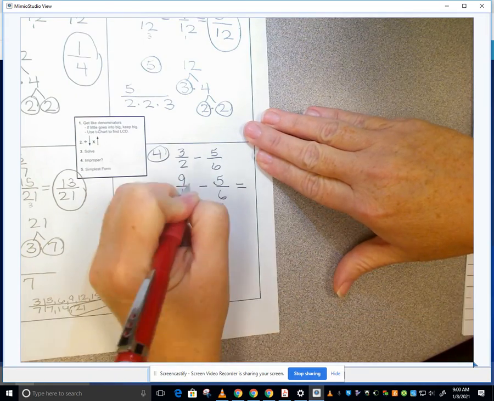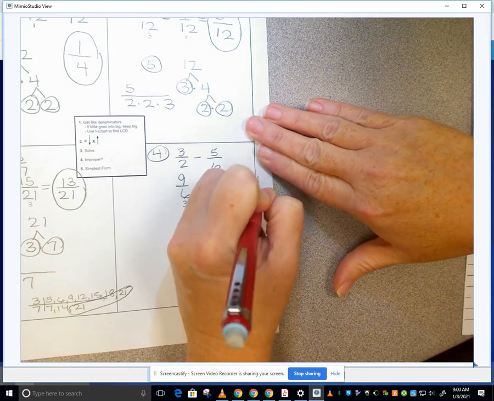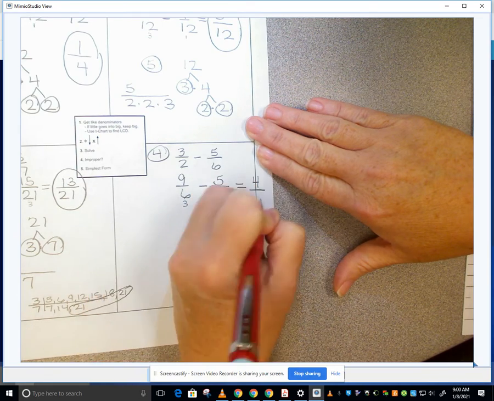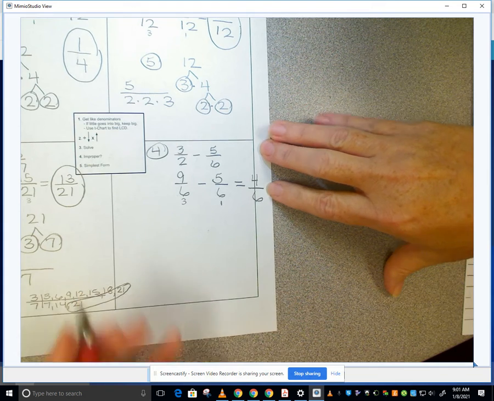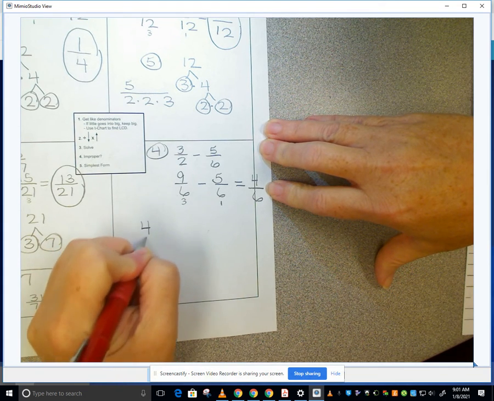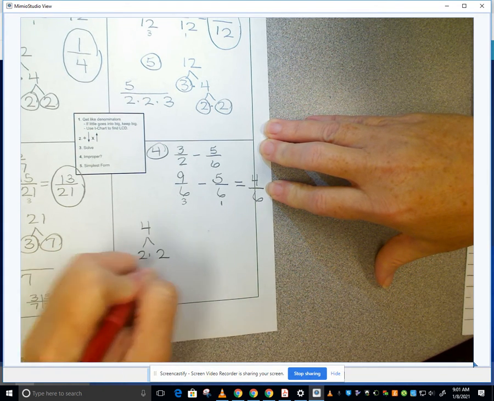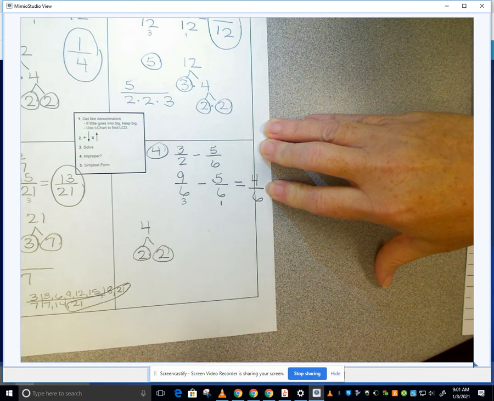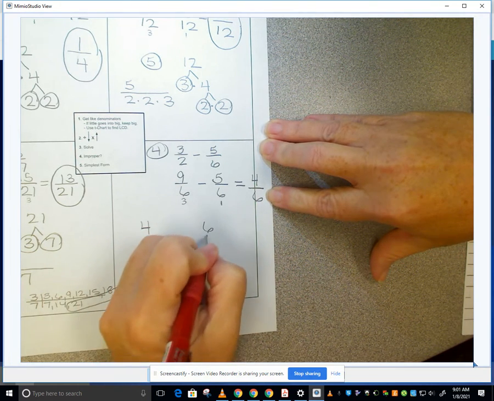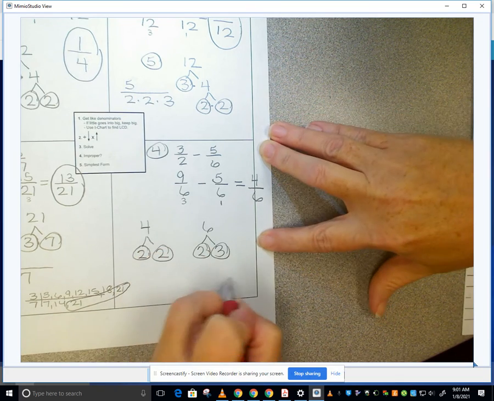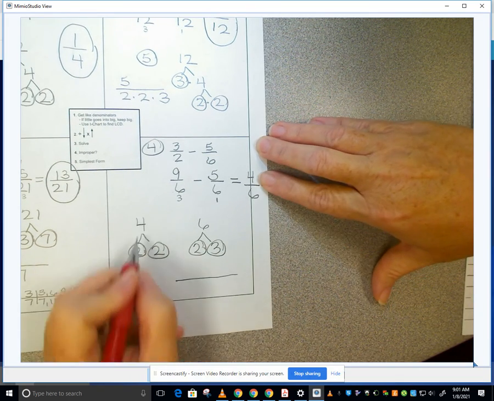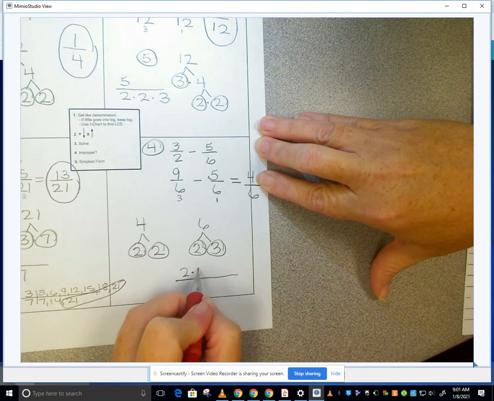Come across. 9 minus 5 is 4. Put my 6. It's not improper, so I need to put it into simplest form. The 4 will say 2 times 2, prime. The 6, 2 times 3, prime, prime. Draw my line. The numbers for 4 will go on top, 2 times 2.